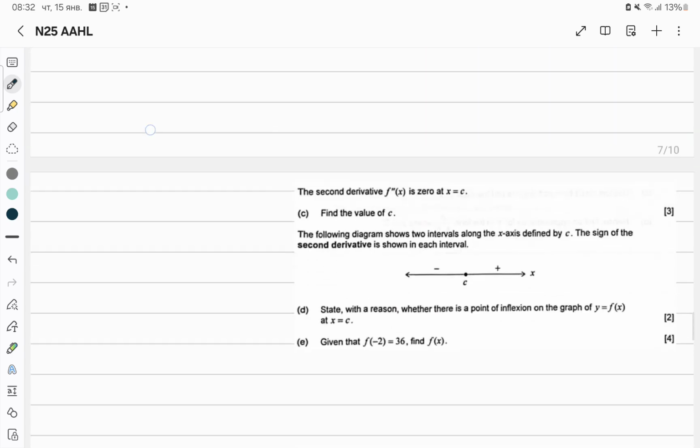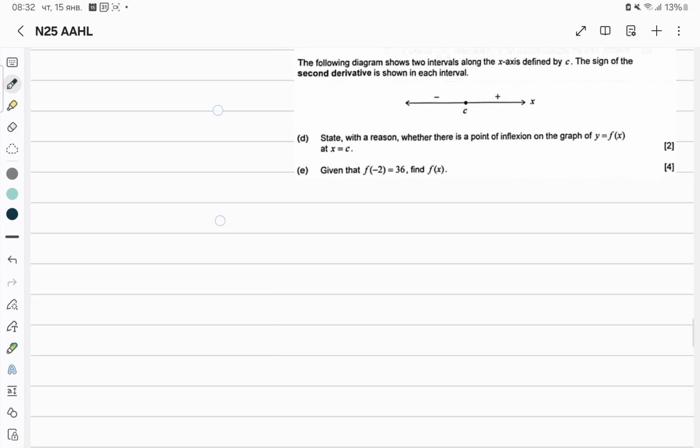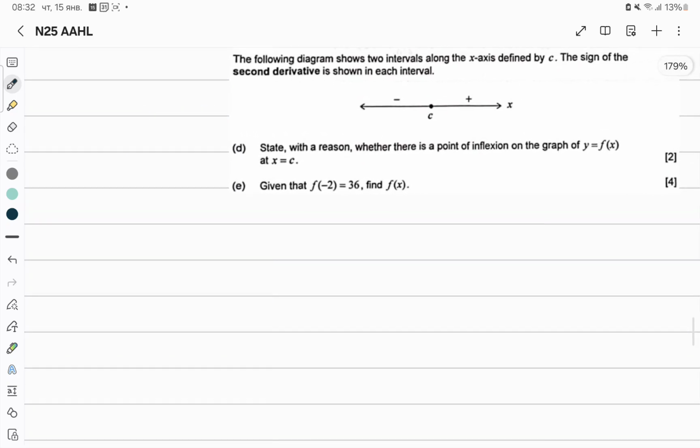Okay, now let's turn to part d. In part d it says the following diagram shows the 2 intervals along the x-axis defined by c. The sign of the second derivative is shown in each interval. State with reason whether there is a point of inflection on the graph at x equals c. Yes, for sure it is an inflection point, since the signs of the second derivative are changing.